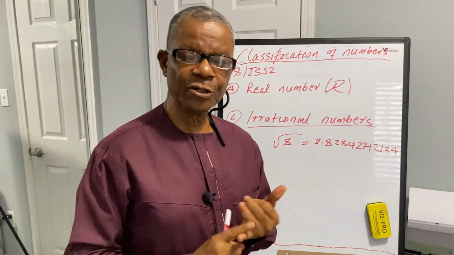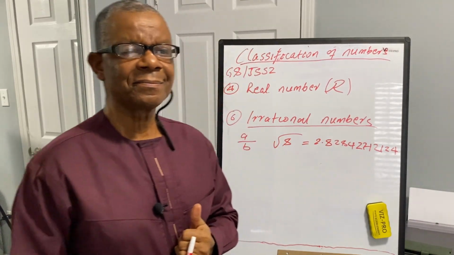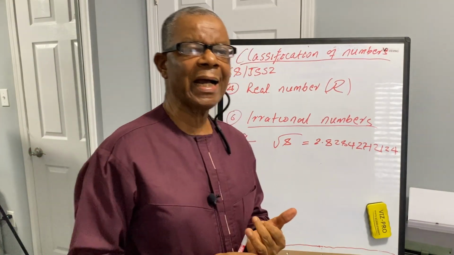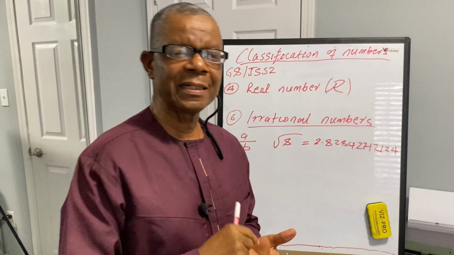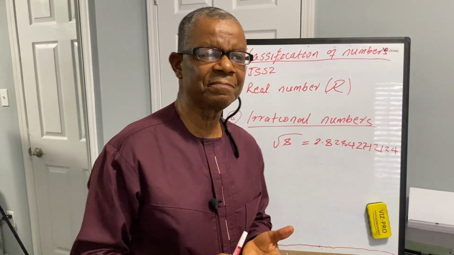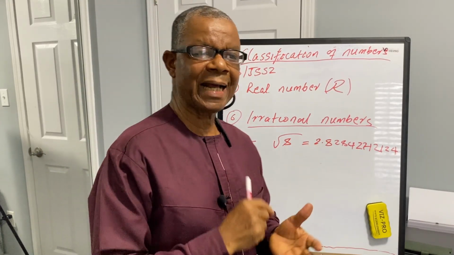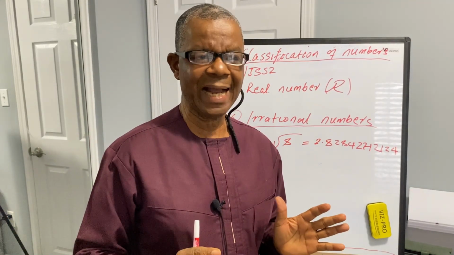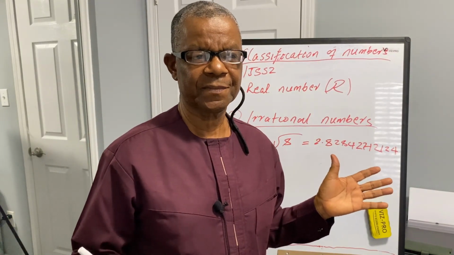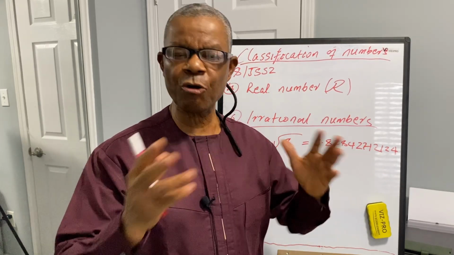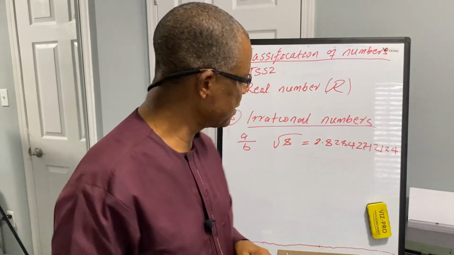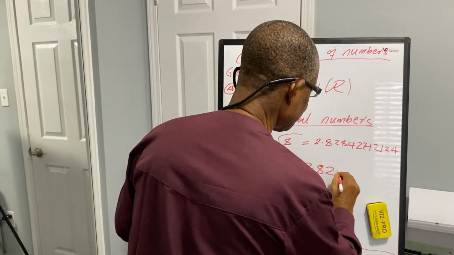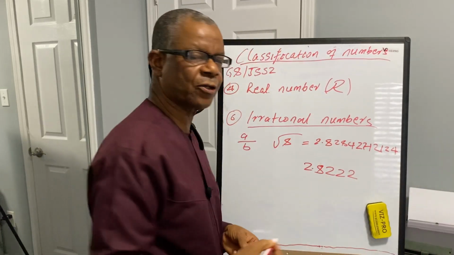An irrational number cannot be written in exact fraction. If you are finding the decimal value, you discover that the decimal places have no end, and it will not recur. What we mean by recur is if we had maybe 2.8222, you can see this is recurring.